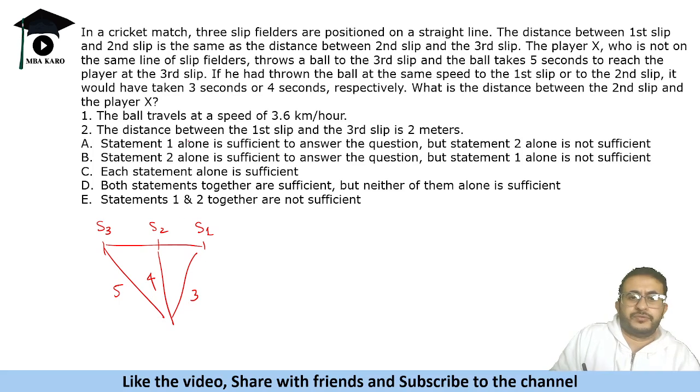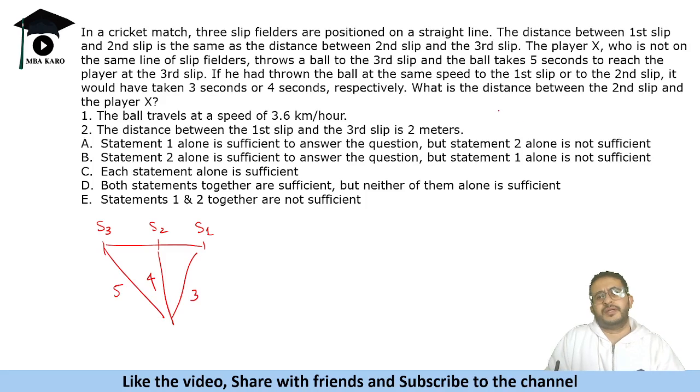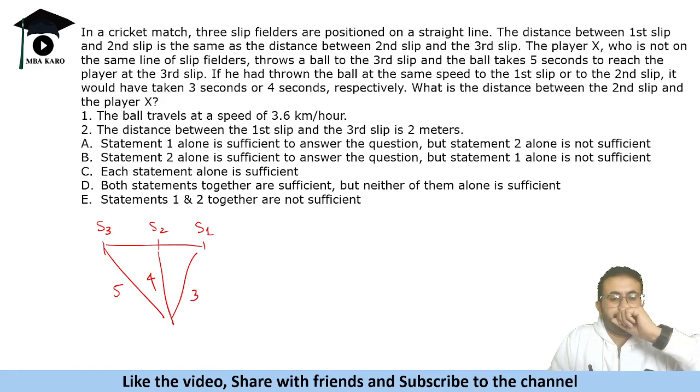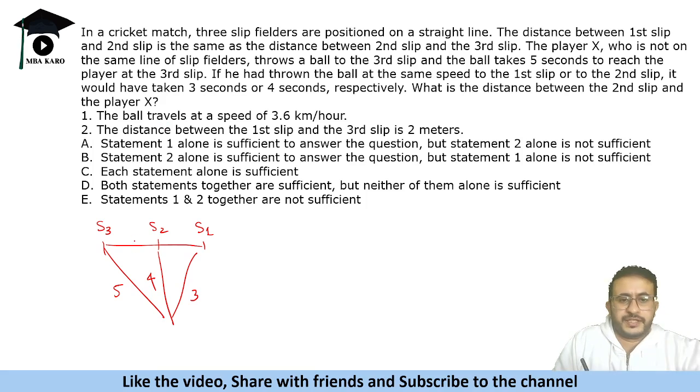Now, first thing is it is given that the ball travels at a speed of 3.6 kilometers per hour. So using this, we can find the distance. But if you see, this triangle is not possible. How is this triangle not possible? It says the distance between the first slip and the third slip is 2 meters.